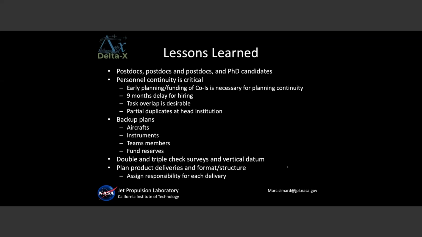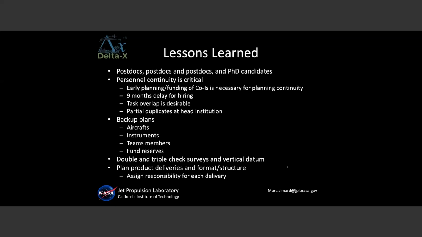Typically hiring a new postdoc takes 9 months because you have to advertise, you have to interview, and there are a bunch of administrative things. So by the time the postdoc starts, 9 months have gone. So planning personnel is important, and they can leave after a year. Having overlap is extremely important as well.